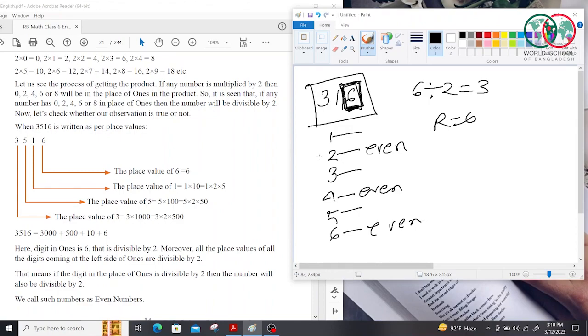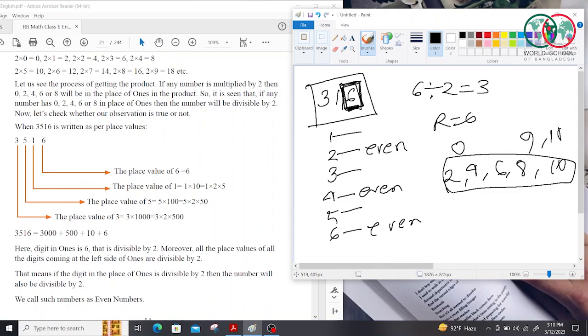Again, if we remember, from 0 to 9, the even numbers are 2, 4, 6, 8, and also 10. If we can remember these 5 numbers, we can easily find even numbers, because whenever there are 2, 4, 6, or 8 in the ones place, we say that the number is divisible by 2.